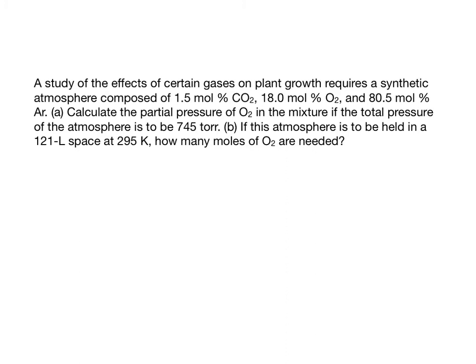So the first thing we want to look at is what are the mole fractions of all of these? So the mole fraction of CO2, of O2, and of argon are very equivalent to the mole percent. A mole percent is what percent of the moles correspond to this.